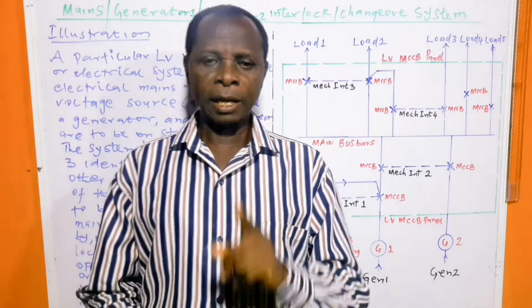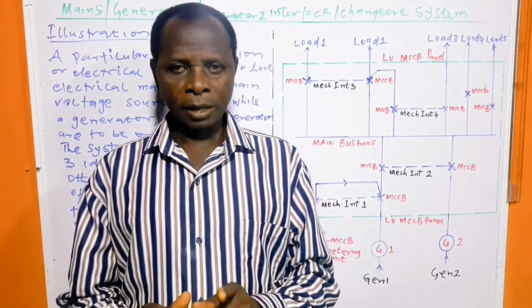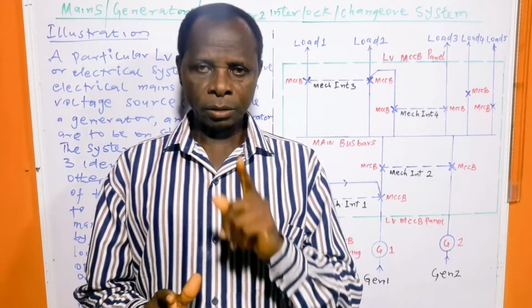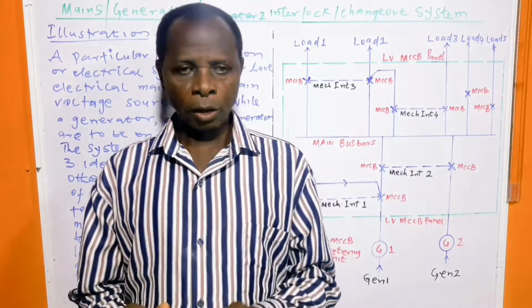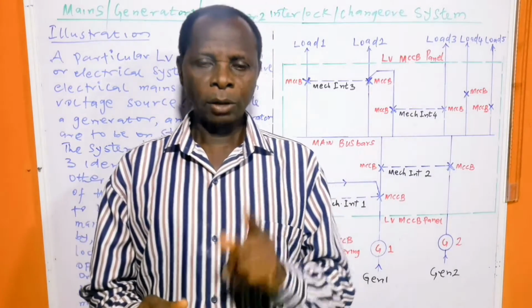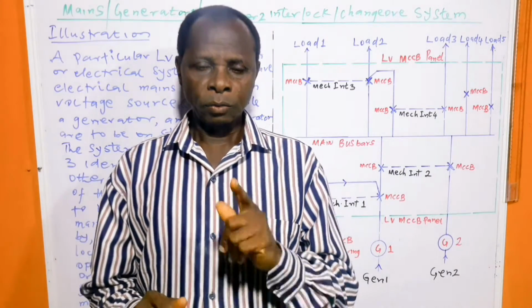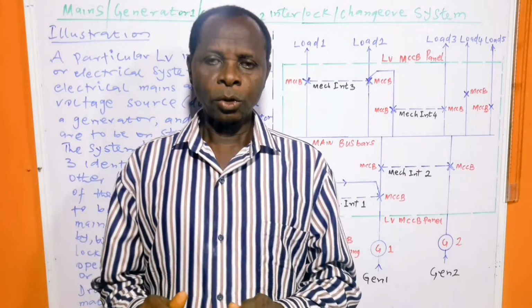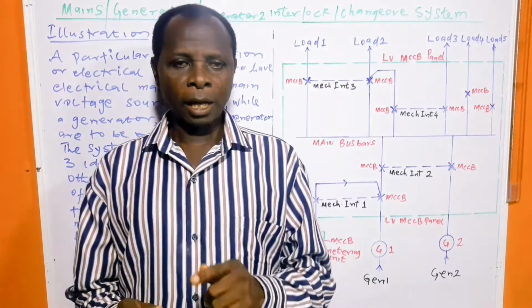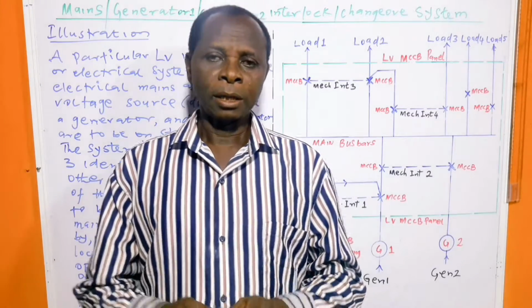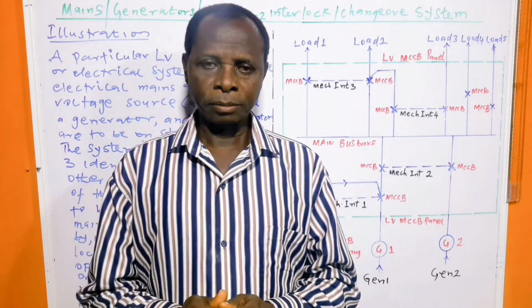The mains will be selected as a duty voltage source, and when the mains goes off, then one of the two generators will be selected. So how will that be done without any operational disconnection or connection?